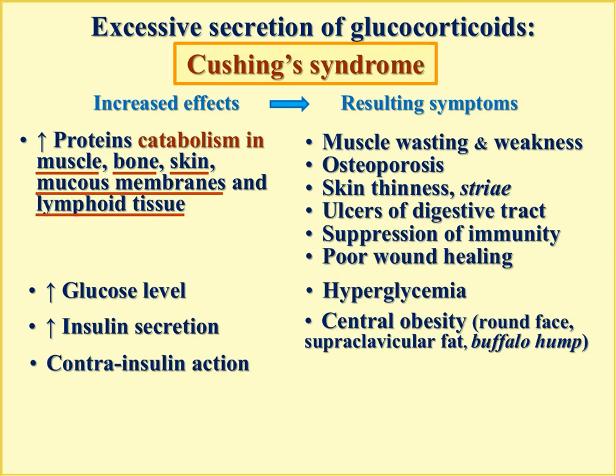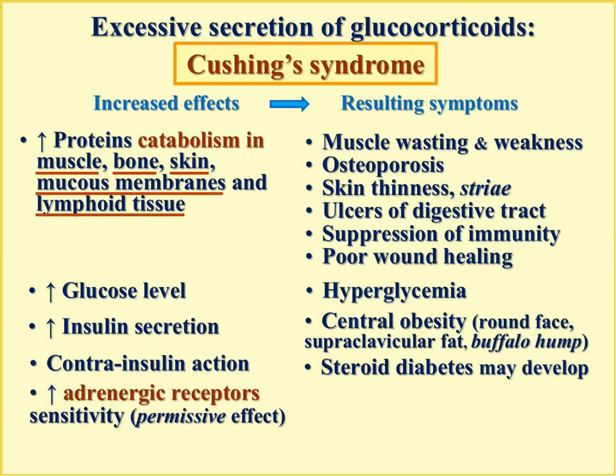Then contra-insular action, that the hormones make a problem for insulin's quick and efficient decrease of glucose. Finally, long-term cortisol excess may destroy the whole regulation of glucose, and the so-called steroid diabetes, secondary diabetes, may develop in patients. It very often develops.